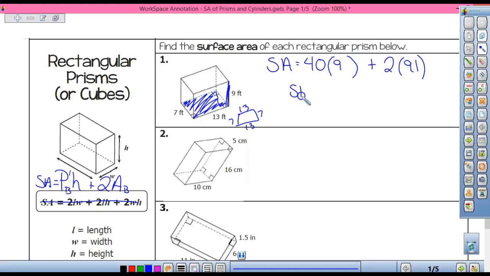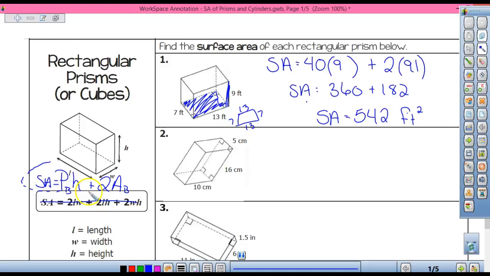So my surface area is 40 times 9, 360, plus 2 times 91, 182. Surface area equals 542 feet squared, because we're talking area, surface area. 91 is the area of my base, and that's what we've got written right here.